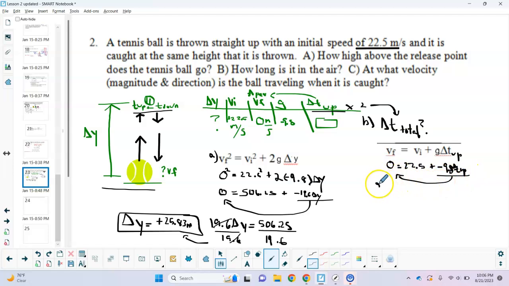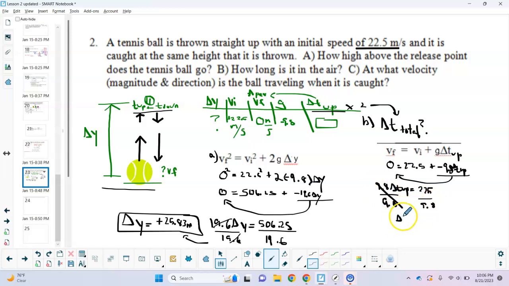So I got 9.8 delta t, and this is the time going up, is equal to 22.5. And similar to what we did in the last one, where you divided by a number and got the variable, we're going to divide by 9.8 and solve and get the time up.